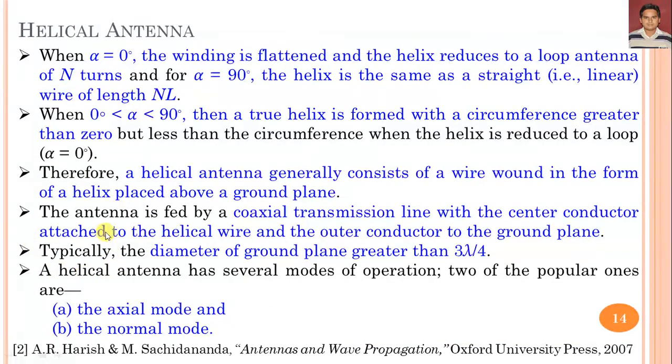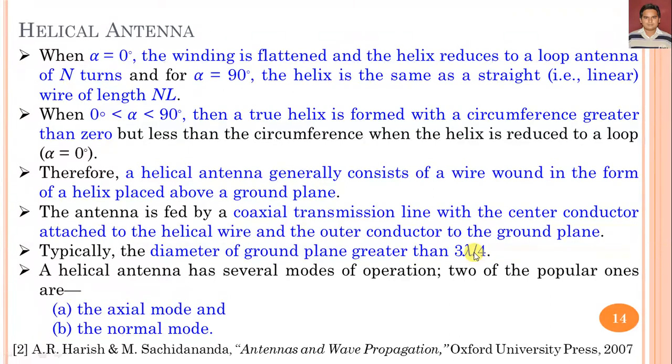Typically the diameter of the ground plane is considered greater than 3 lambda by 4, or not less than 3 lambda by 4.